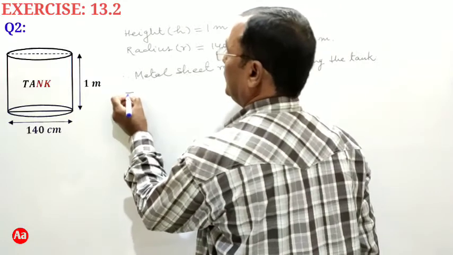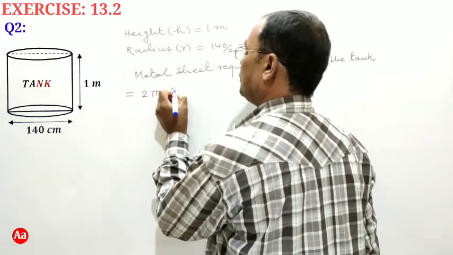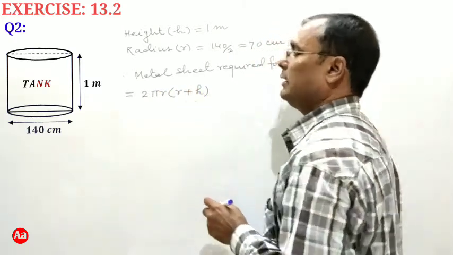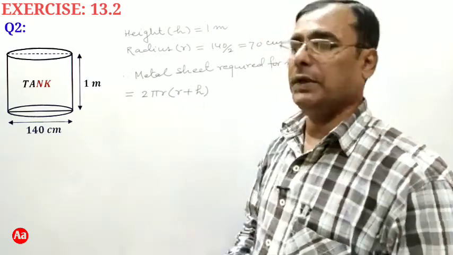So we will use formula for total surface area of a right circular cylinder, and that is 2 pi r into r plus h.